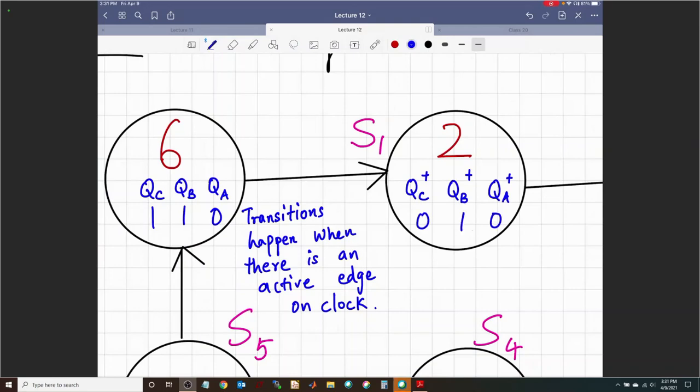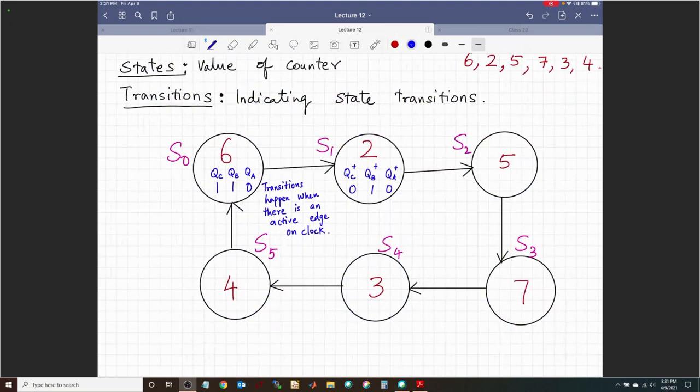You guys see that? And that same thing is applied all over the place, right? For this guy, it's going to be 1, 0, 1, and this guy is going to be 1, 1, 1, and then 0, 1, 1, and 1, 0, 0. So each flip-flop is responsible to generate one of these three bits, either QC or QB or QA.